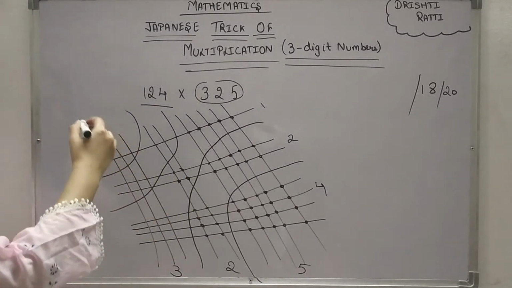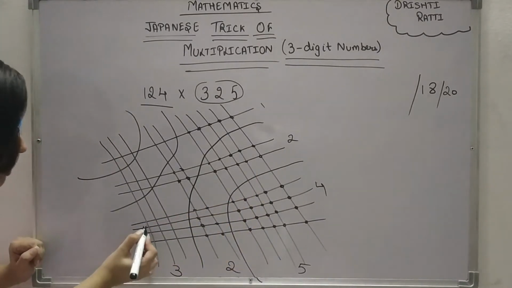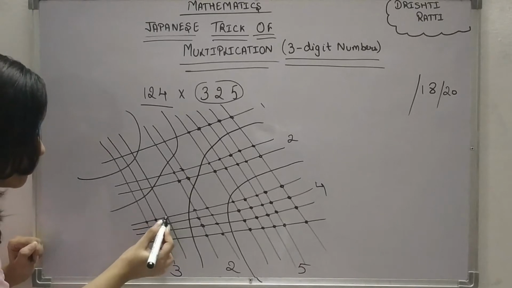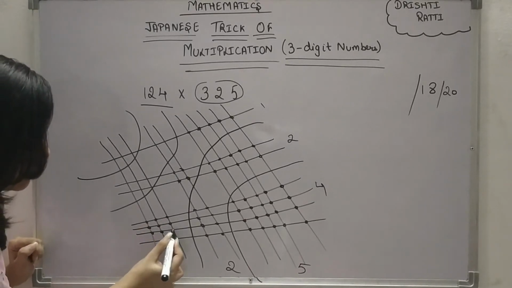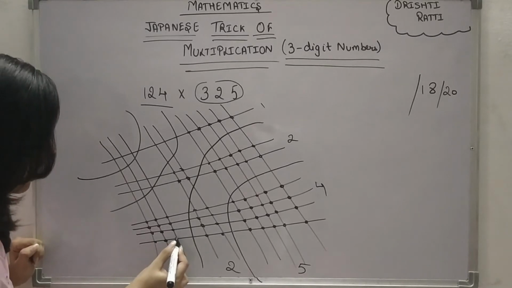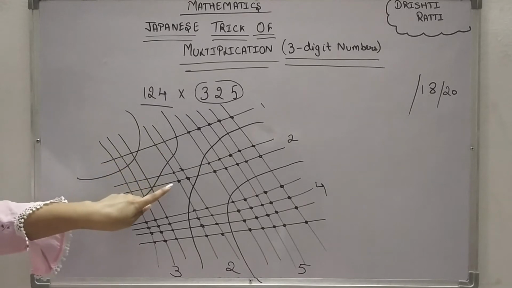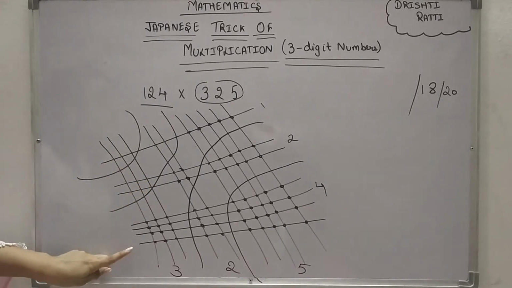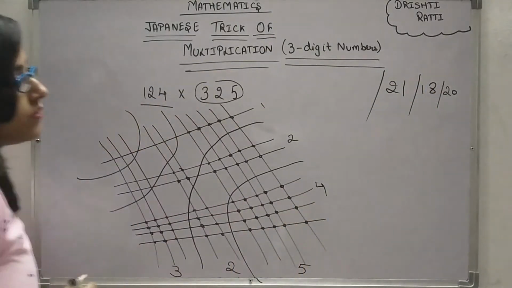Then coming to this portion, that is 3 lines this way, 4 lines this way. You will get 12. So 1, 2, 3, 4, 5, 6, 7, 8, 9, 10, 11 and 12. So when you add this, 5 plus 4 is 9, 9 plus 12 is 21. So I will write that number over here.